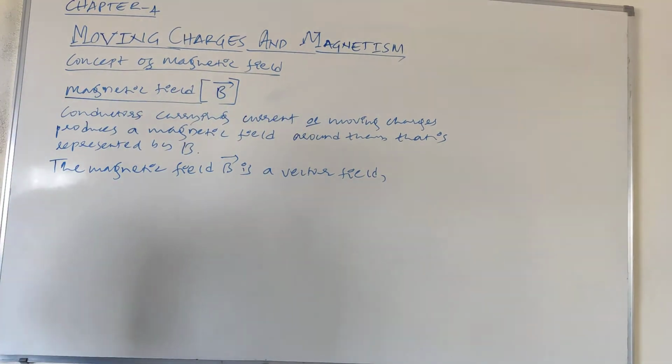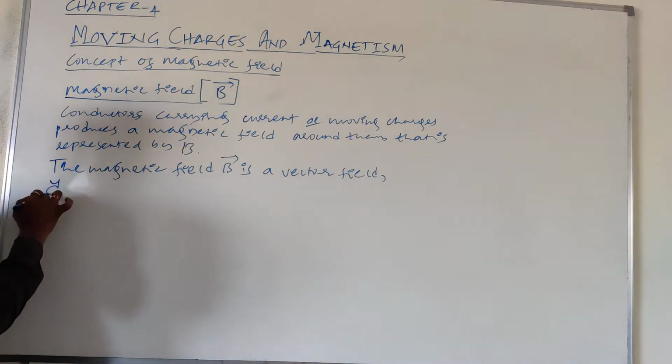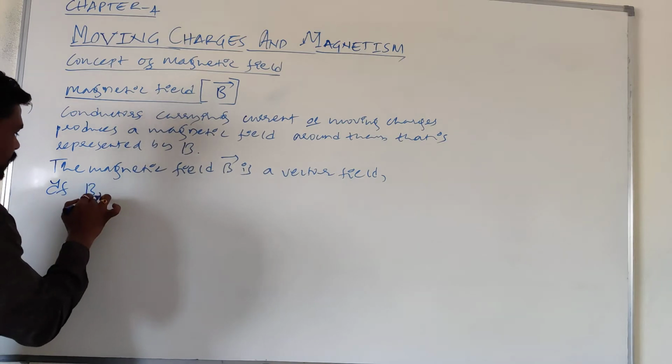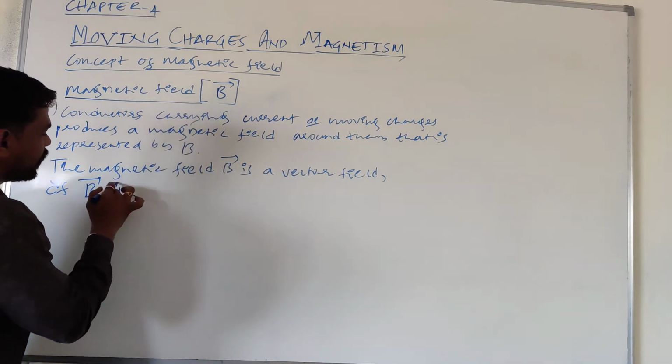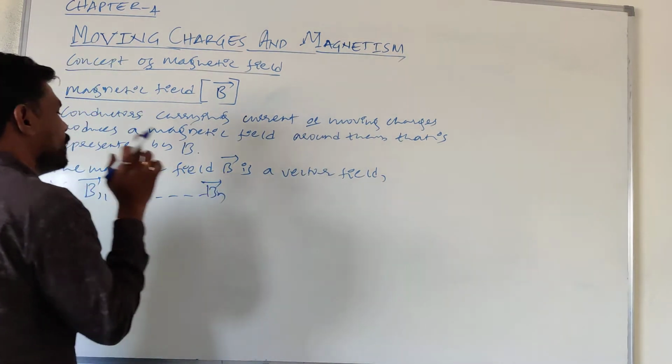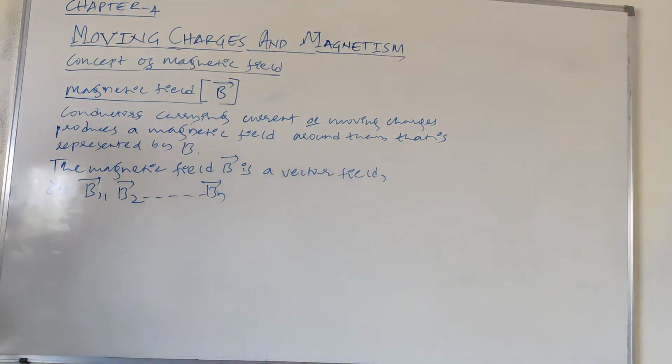So what kind of field is the magnetic field? A vector field, right? If I consider B1, B2, up to Bn, right?